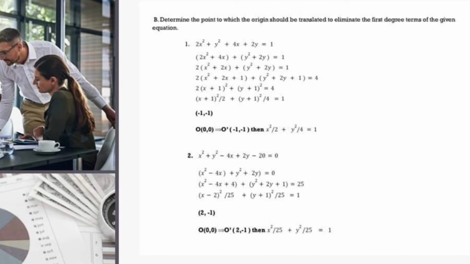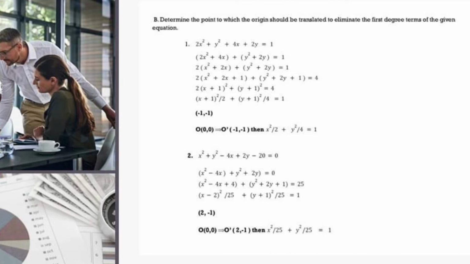So, the answer for that is (-1, -1). So, if we are going to translate the origin, then O prime is equal to (-1, -1), and x prime squared over 2 plus y prime squared over 4 is equal to 1. So, that's it.